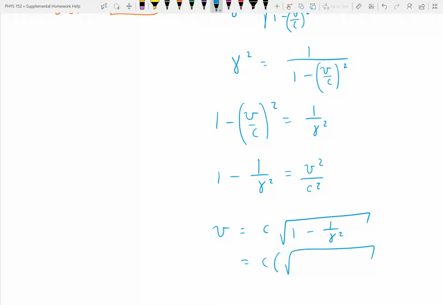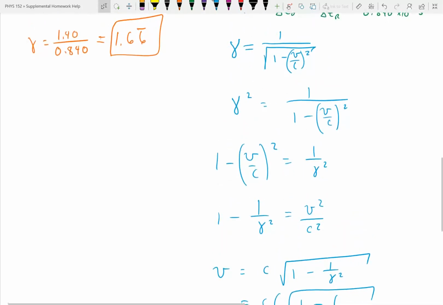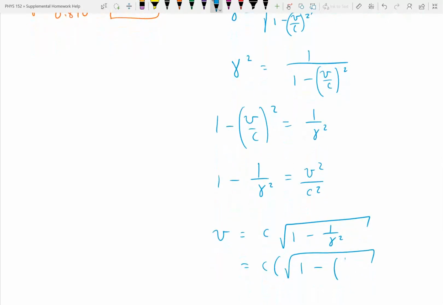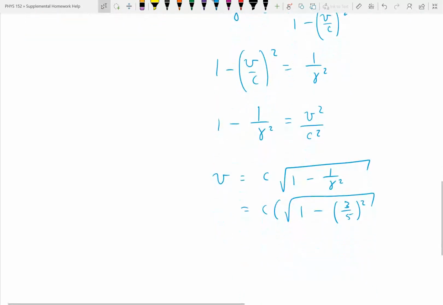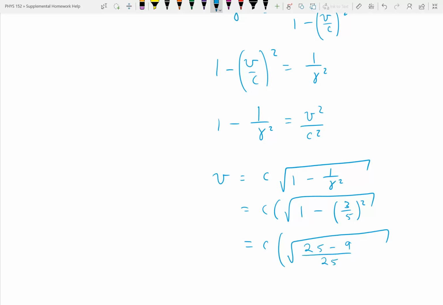Delta t equals gamma times the delta t proper time. That's not what we have. Okay, so it is that.